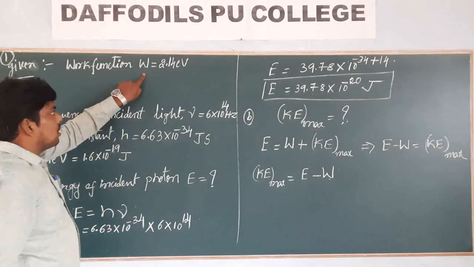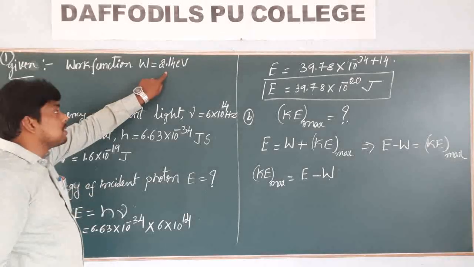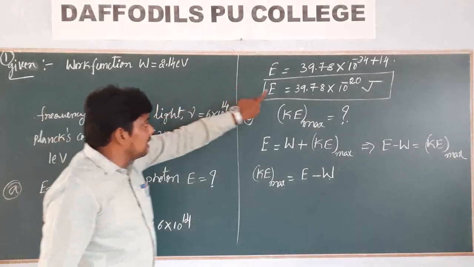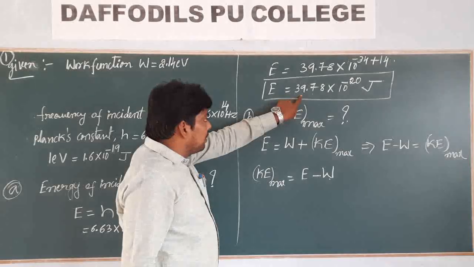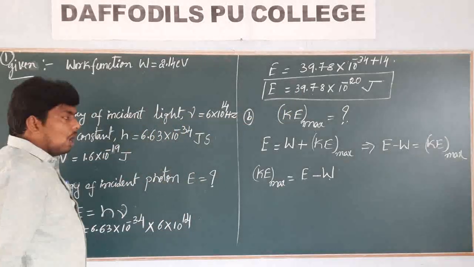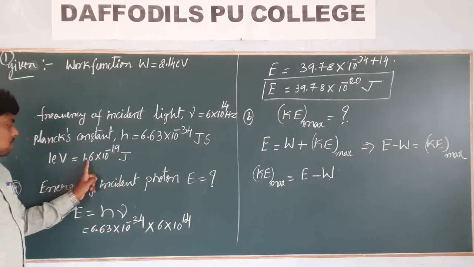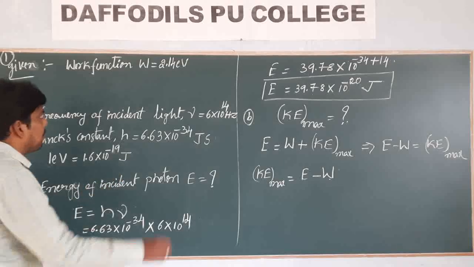Observe the work function. Have they given it in terms of the SI unit? No, they have given it in terms of the electron volt. But here energy is in terms of the joule. That means now we have to convert work function in terms of the joule. How to convert electron volt into joule? Already I said that one electron volt is equal to 1.6 into 10 to the power minus 19.